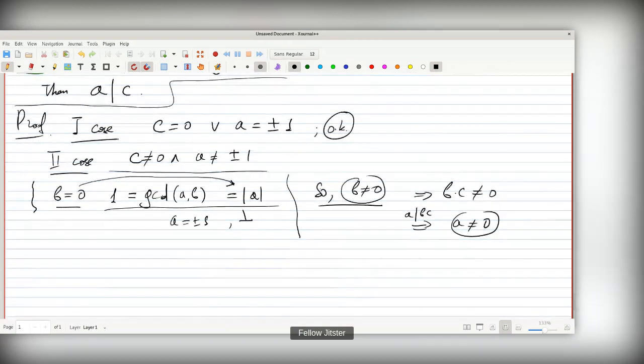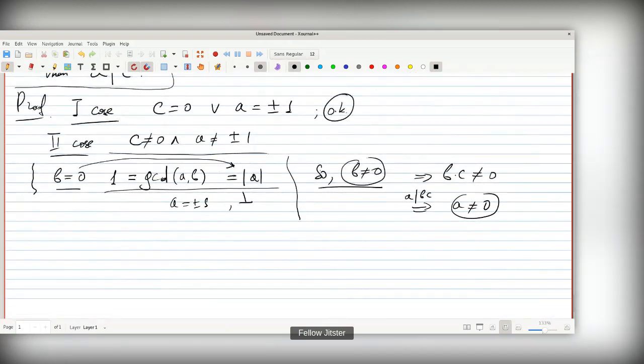Okay, B is not 0, C is not 0, A is not 0. So now we may factorize them freely. Let A be epsilon multiplied by P1 to the power alpha 1 and so on.